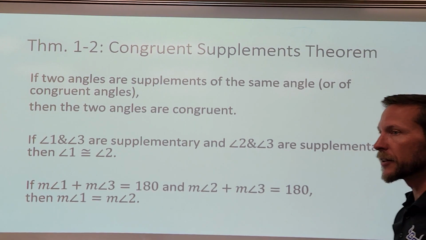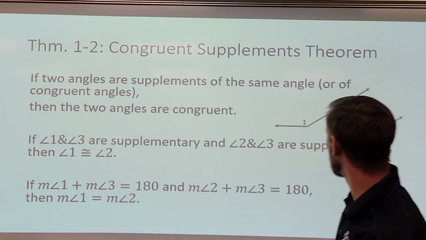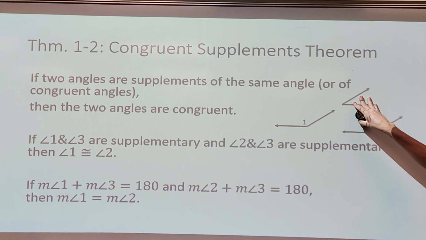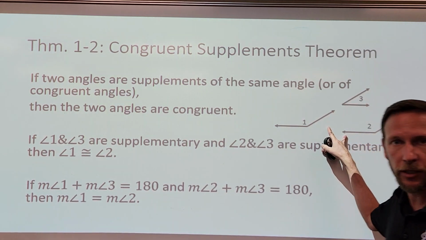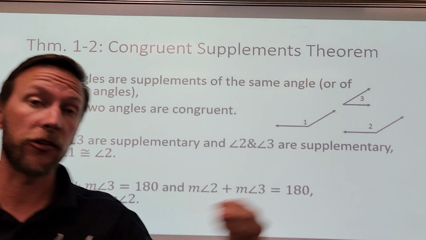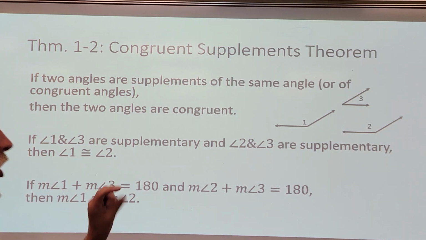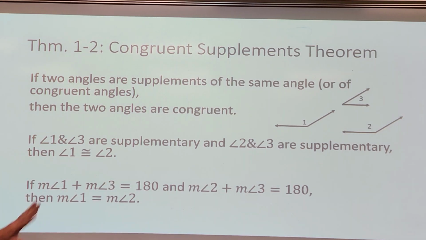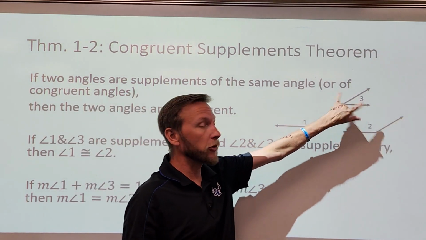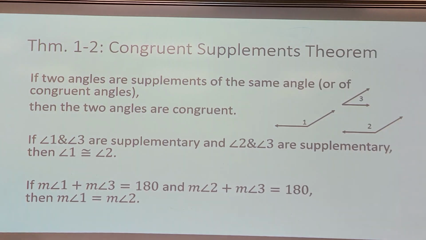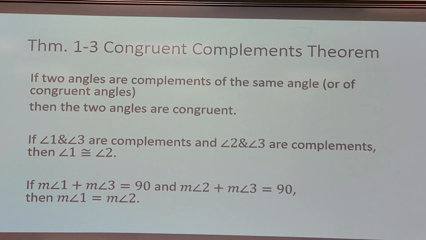And so if we think about this in terms of a diagram, if angle 1 and angle 3 are supplementary, and angle 2 and angle 3 are supplementary, then angle 1 and angle 2 have to be congruent to each other. Basically, folks, it's the same proof that we just did. It's the same 8 steps of thinking that we just used on the vertical angles theorem. All right? Basically, we're saying that if these are supplementary and these are supplementary, then these have to be congruent to each other, which was the same logic that we used in the last proof.